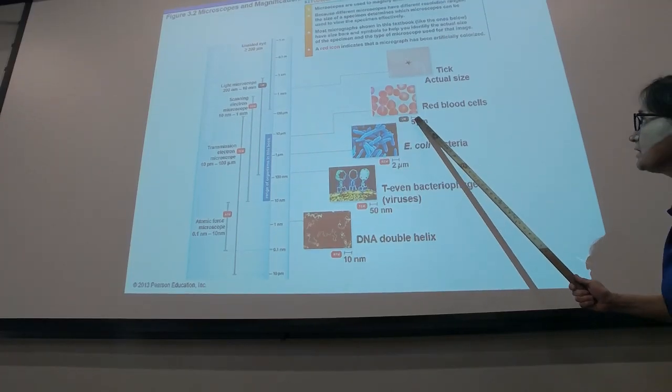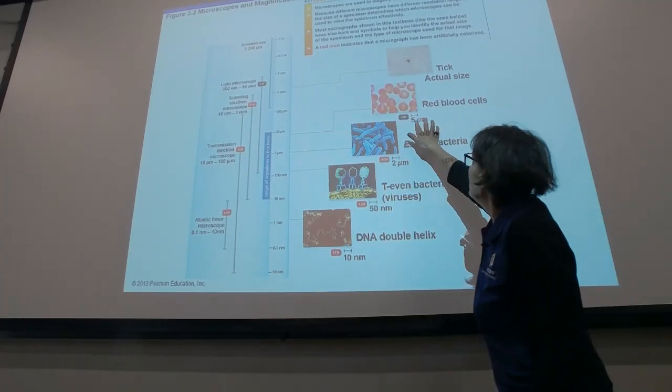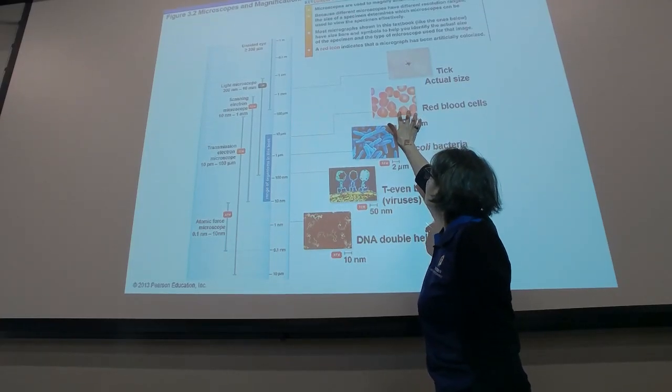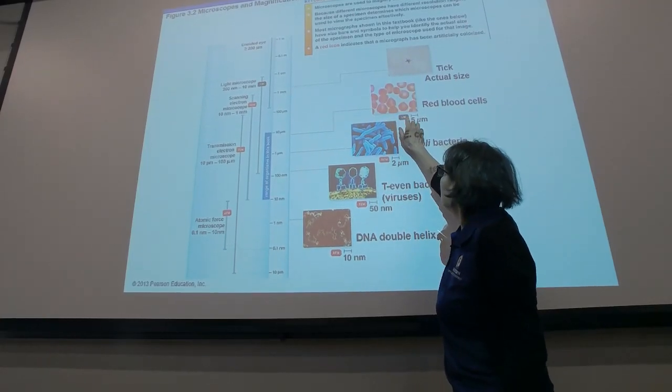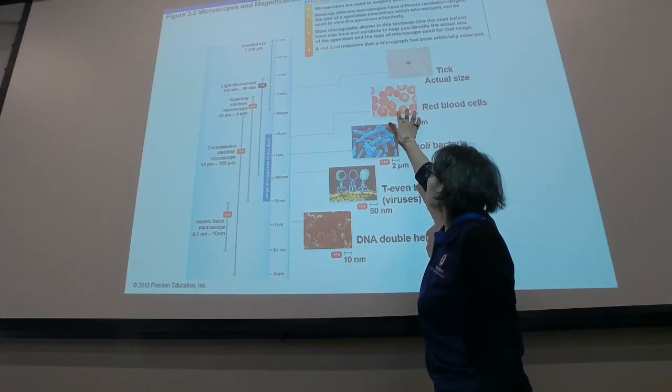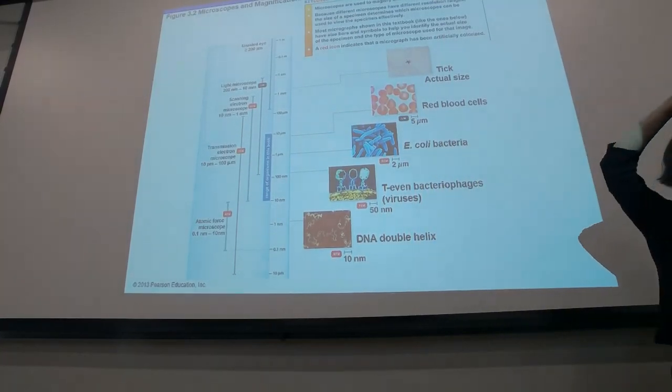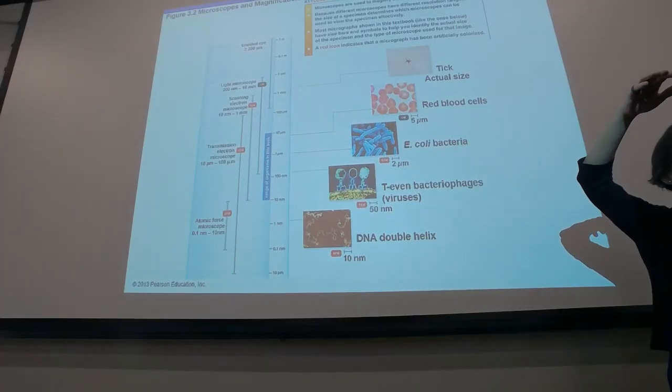So if you extrapolate or bring this scale, put it next to this object, it can tell you more or less that one erythrocyte, or one red blood cell, has a side-to-side diameter of 5 micrometers.